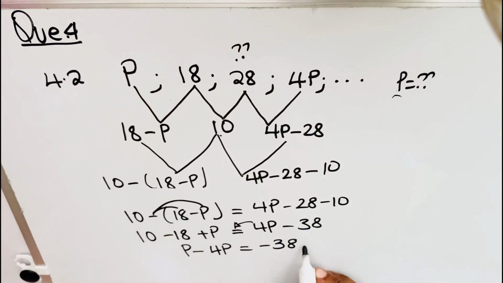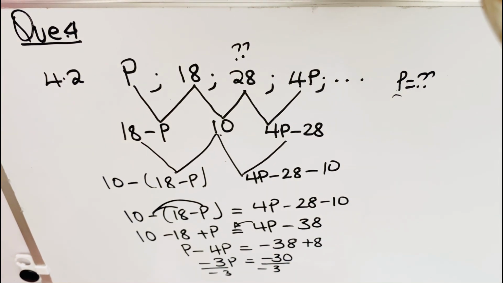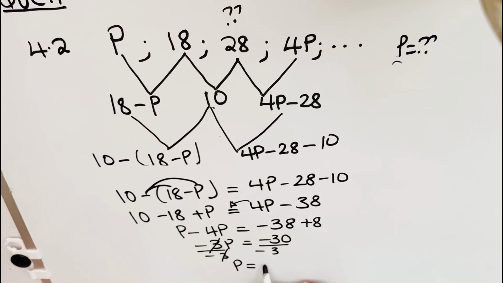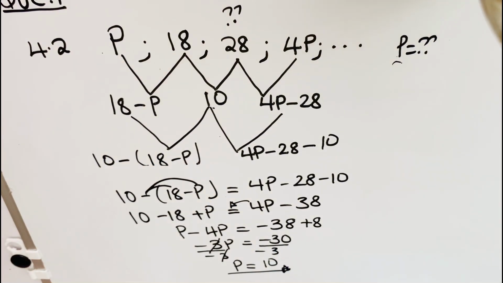Transpose the negative 8 to the right side, it becomes positive 8. P minus 4p is negative 3p. Negative 38 plus 8 is negative 30. Solve for p, divide by negative 3 on both sides. P equals positive 10. So in short, the value of p, the first term in the sequence, is 10.